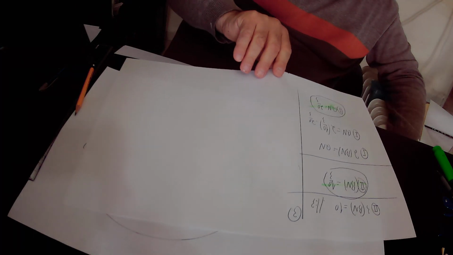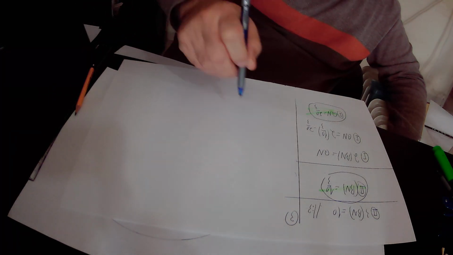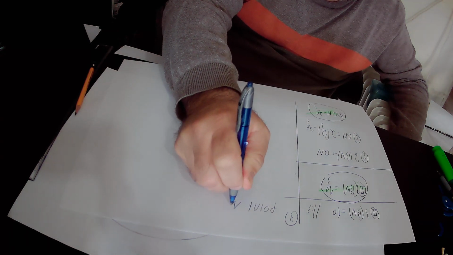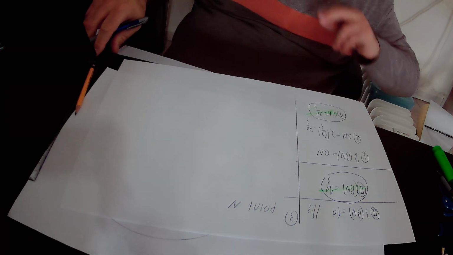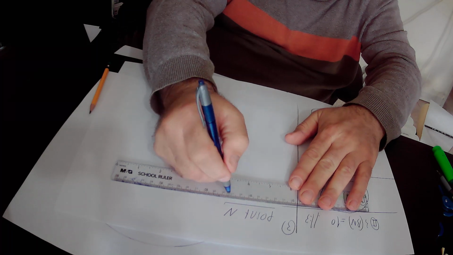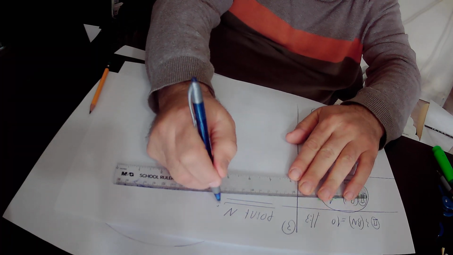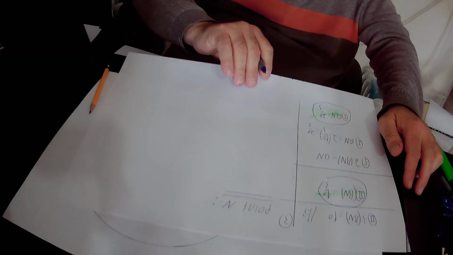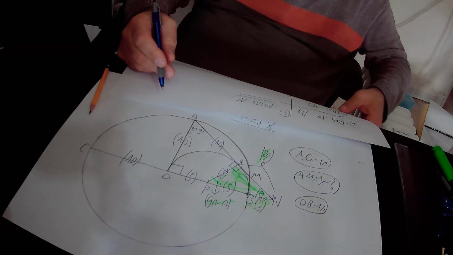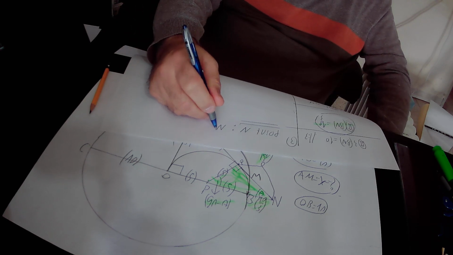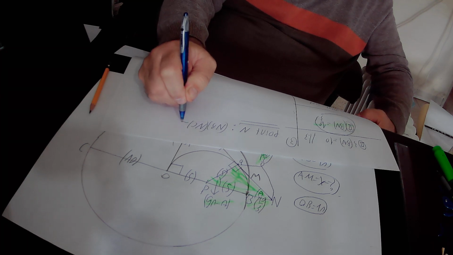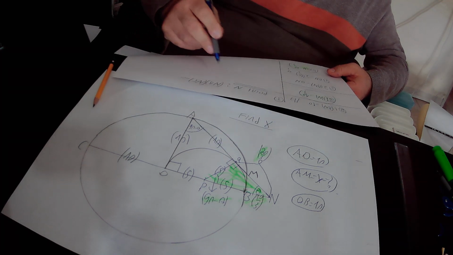If we focus on the common external point, point N, according to rule number 14, NB times NC equals NM times NA.